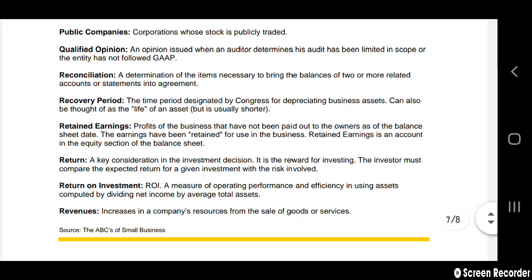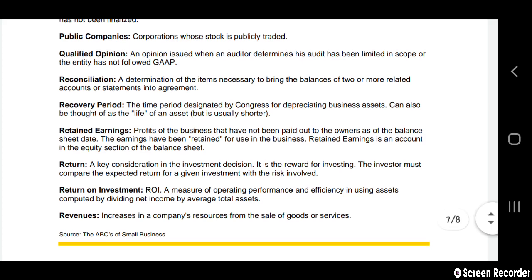Next, public companies, corporations whose stock is publicly traded. Qualified opinion, an opinion issued when an auditor determines that the audit has been limited in scope or the entity has not followed GAAP, is called a qualified opinion.